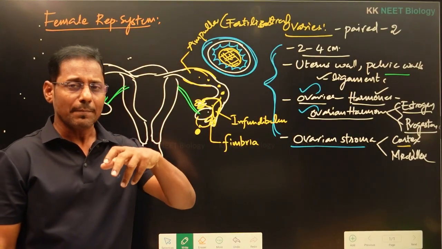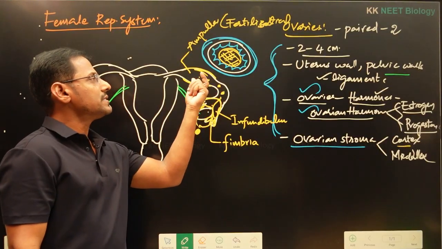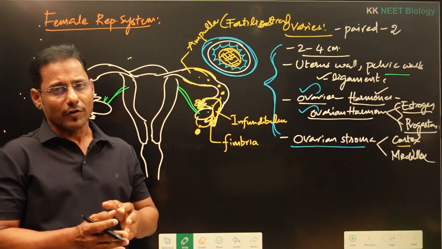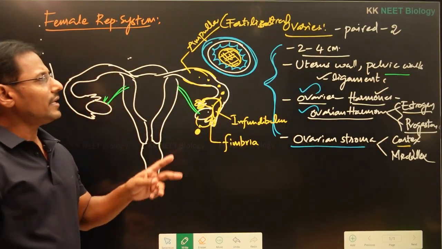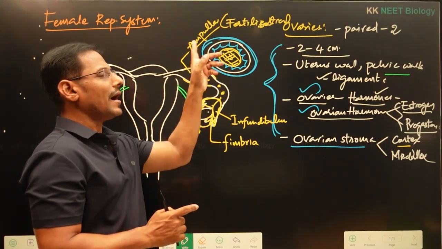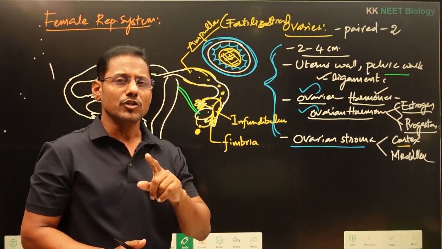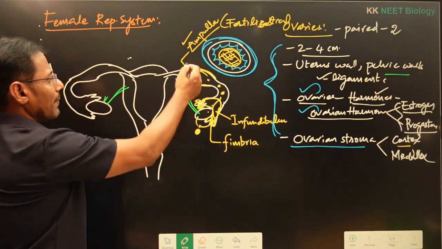The funnel-like part is the infundibulum, and the infundibulum opens into a wider part of the fallopian tube. We call it the ampulla. Generally, the fusion of the gametes, the male and female gametes, takes place in the ampulla only. So mind it and fix it in your mind. Sometimes it may be asked in the examination, the ampulla, right?